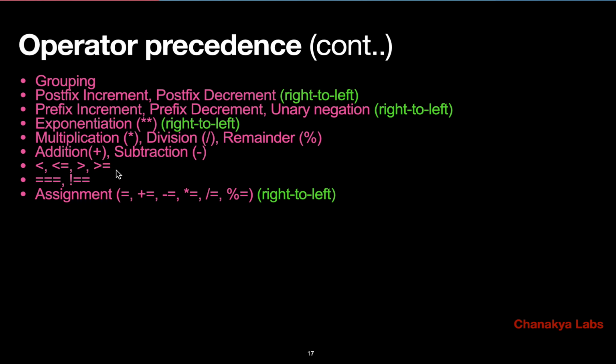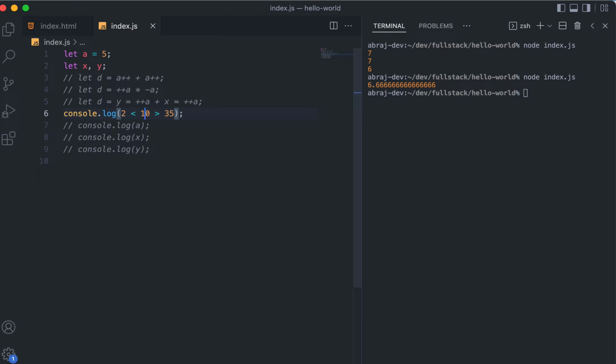Then how is the grouping done? Again, the grouping is done from left to right. Why? Because if nothing is given, then it means left to right, which means that firstly this thing will be evaluated, and 2 is less than 10, true.